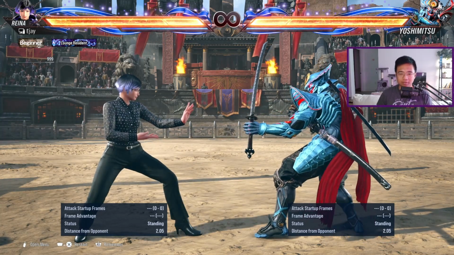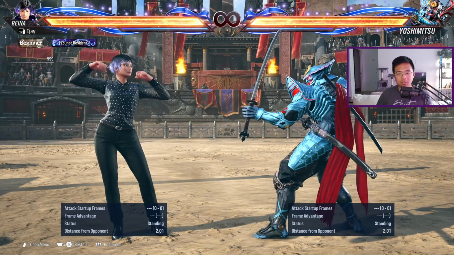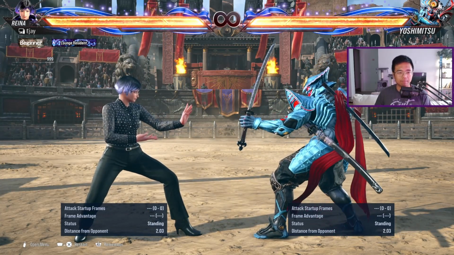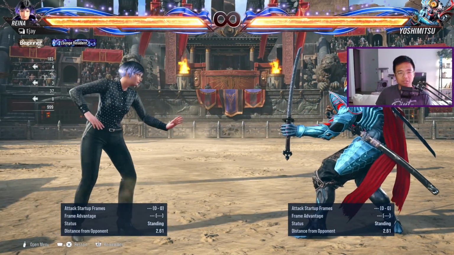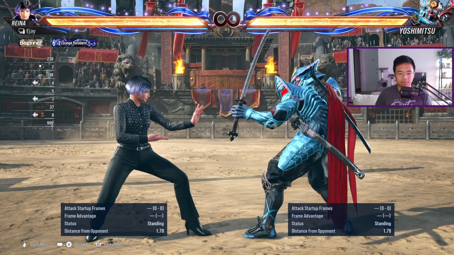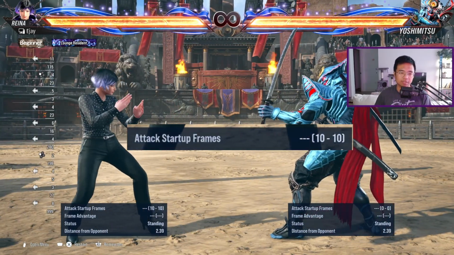A frame, in the most general terms, is a unit of time that is measured in a video game. So what does that mean? For attack startup frames, that shows you how fast a move will come out in terms of frames. When I do my one jab, you can see that it's 10 frames.